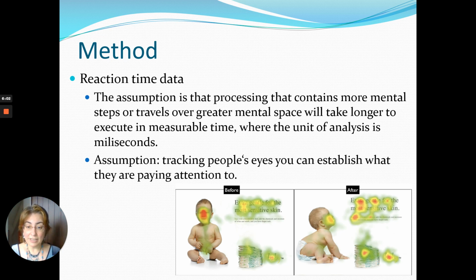Okay, and then you can measure the time that they spend in one place or another of some stimuli, to see what matters to them the most, and from that you deduce what their mental operations are.